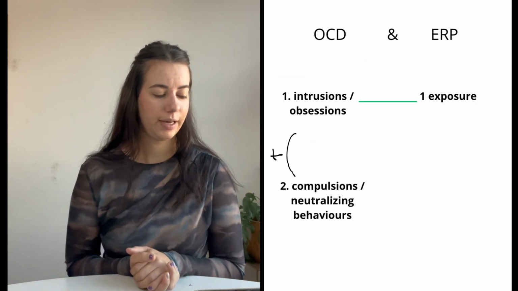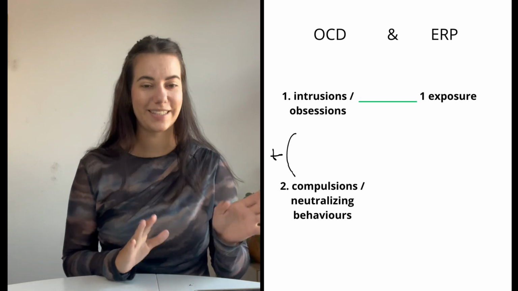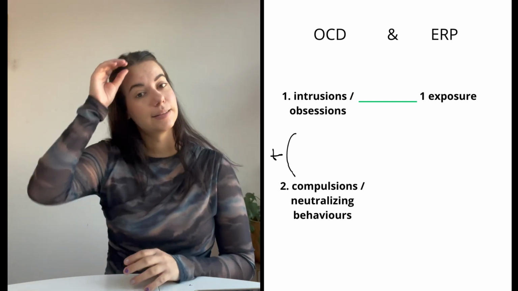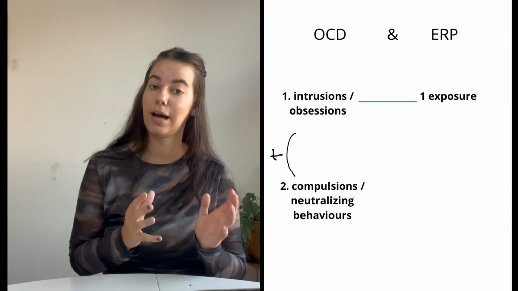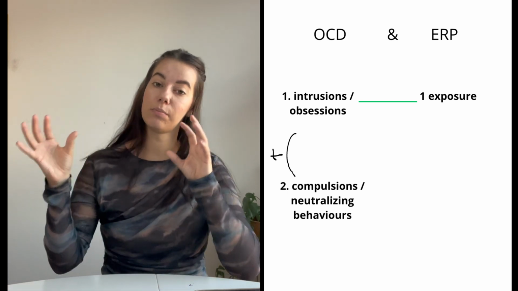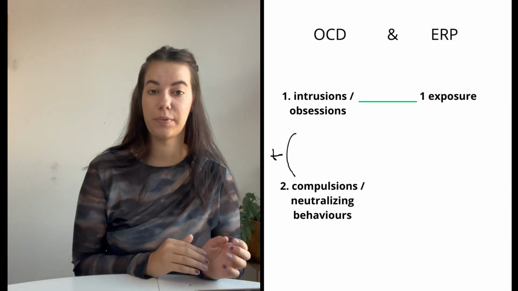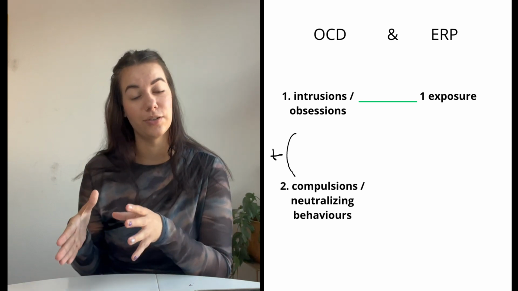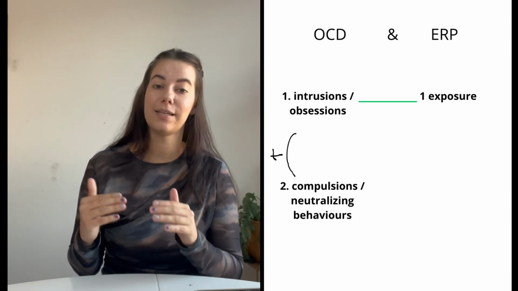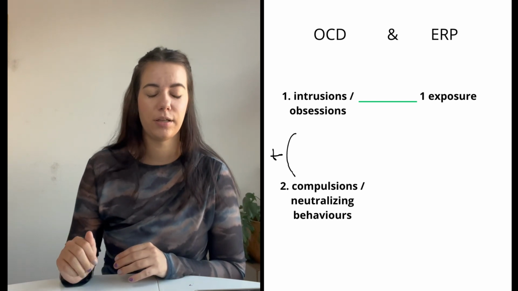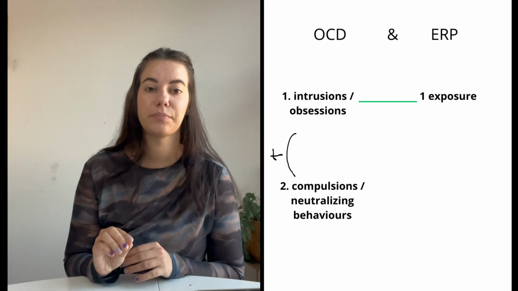What we do in exposure therapy, you can see it here in ERP, therapists came up with a smart way to treat OCD. It focuses on both components. Exposure with response prevention. The exposure is focused on the intrusions. The response prevention is focused on minimizing and completely diminishing the compulsive behaviors.